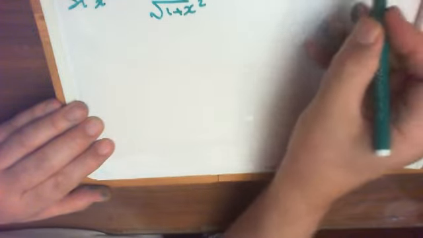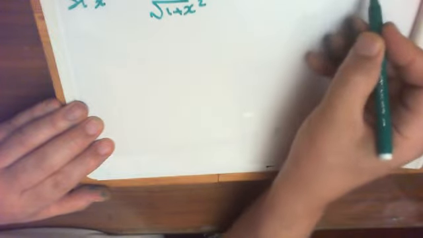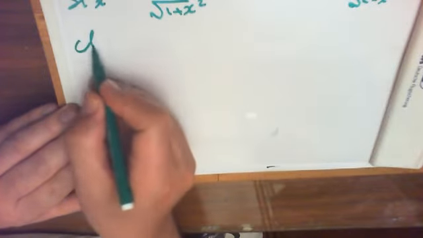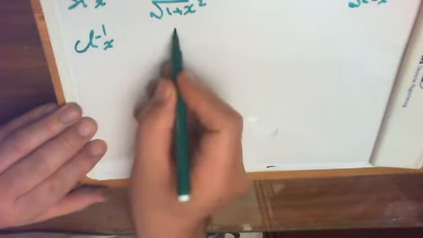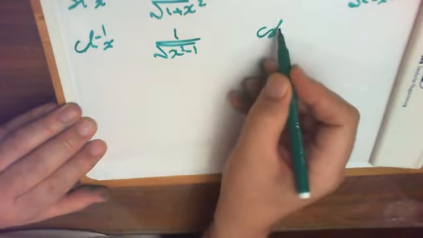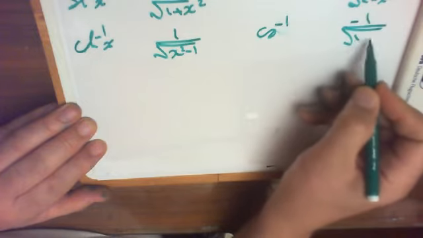In the case of the trigonometric functions, sine minus 1 was 1 over square root 1 minus x squared. Cosine minus 1 was minus 1 over square root 1 minus x squared.